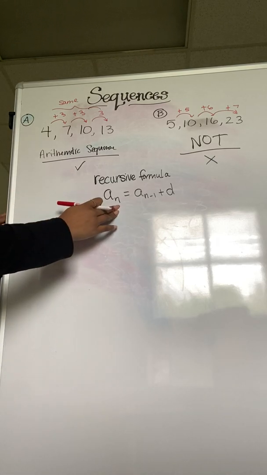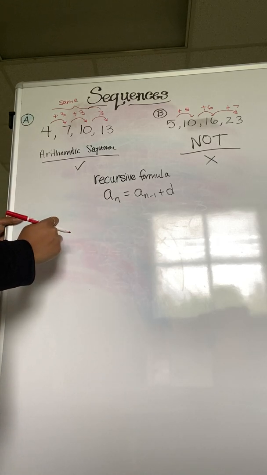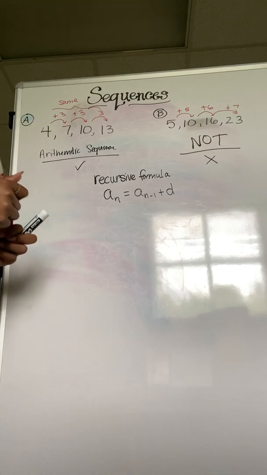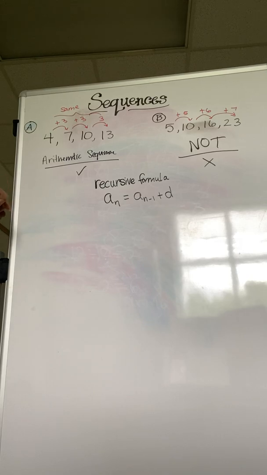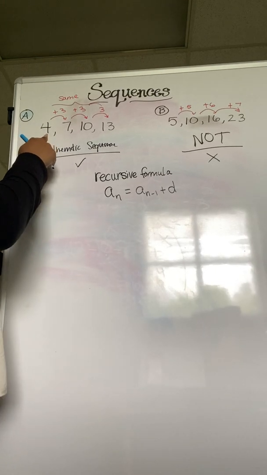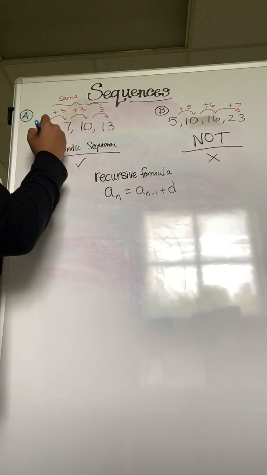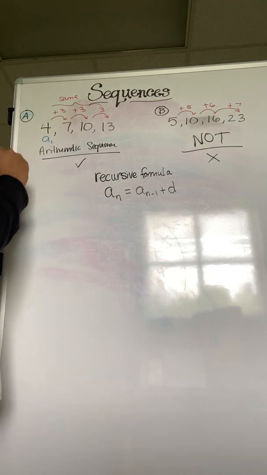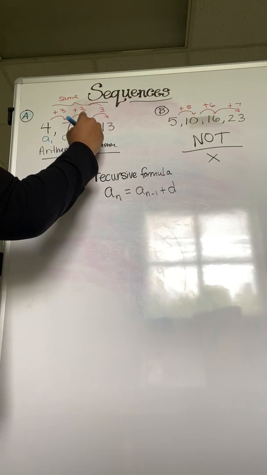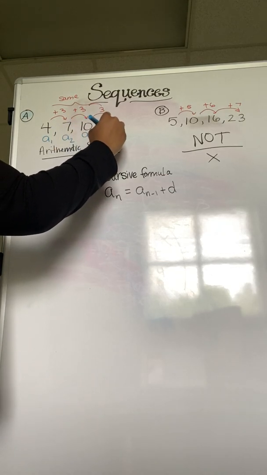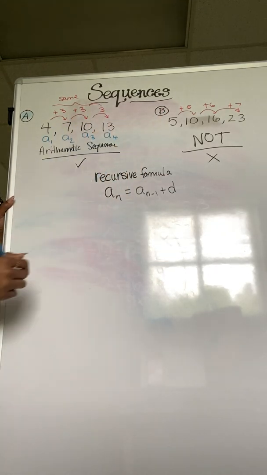This n value here represents the position in the series. So for example, in this first part here, this is the first term, so we would call this a sub 1. This would be a sub 2, a sub 3, a sub 4, and so forth.